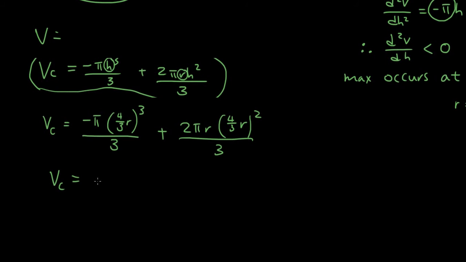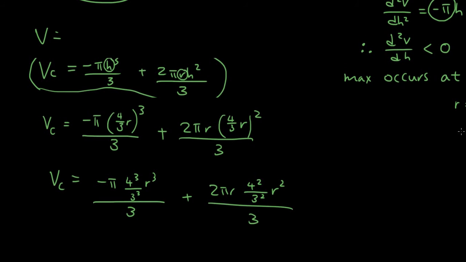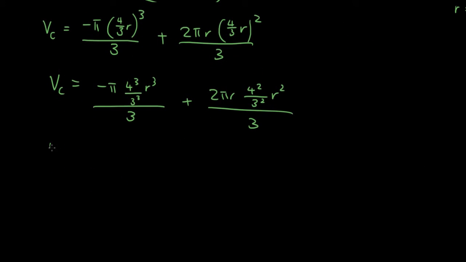So it's negative pi times 4 cubed over 3 cubed times r cubed over 3, plus 2 pi r times 4 squared over 3 squared r squared over 3. Getting a bit tired, but it will be done.